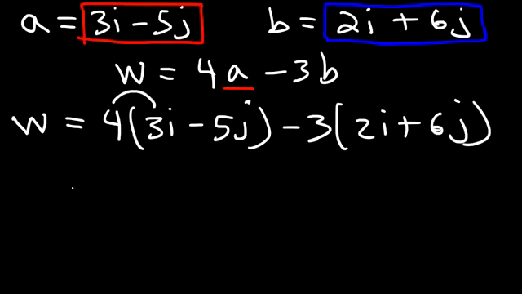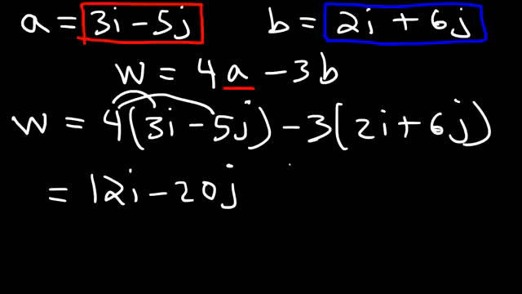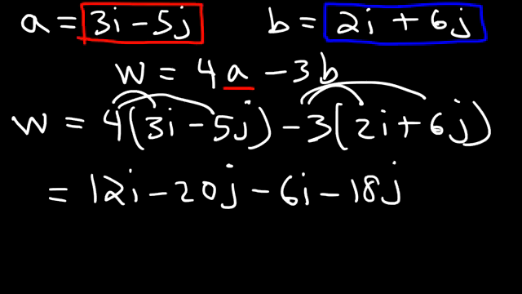And so we have 4 times 3i, which is 12i, and 4 times negative 5j, which is negative 20j, and negative 3 times 2i, that's negative 6i, negative 3 times 6j, that's negative 18j. And now all we need to do is add like terms. 12 minus 6 is 6. And then negative 20 minus 18 is negative 38.